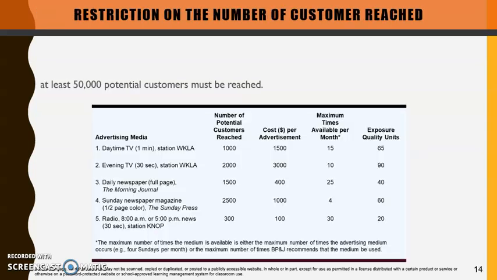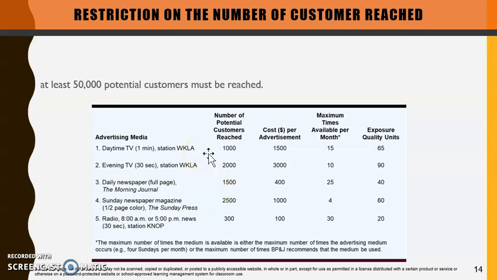After this, restriction on the number of customers reached. Again, part of text extracted, copied and pasted here, that reads at least 50,000 potential customers must be reached. With each daytime commercial TV, as you can see in the first column here, number of potential customers reached, 1,000 customers are reached. With the evening TV commercials, 2,000 customers are reached, and so forth.